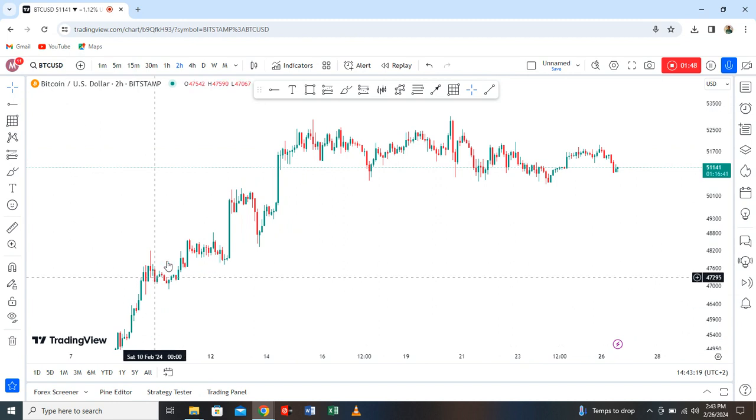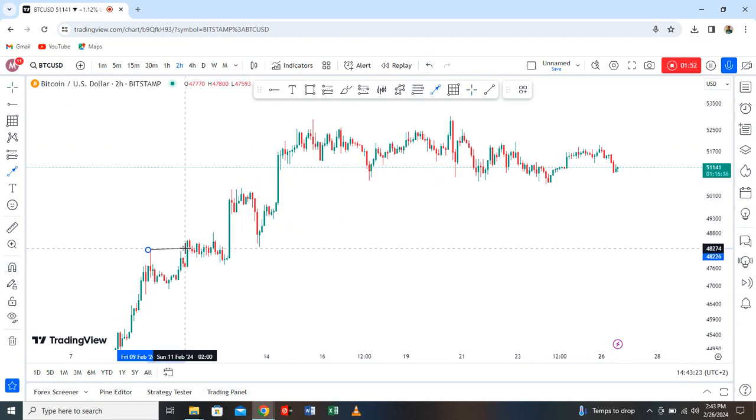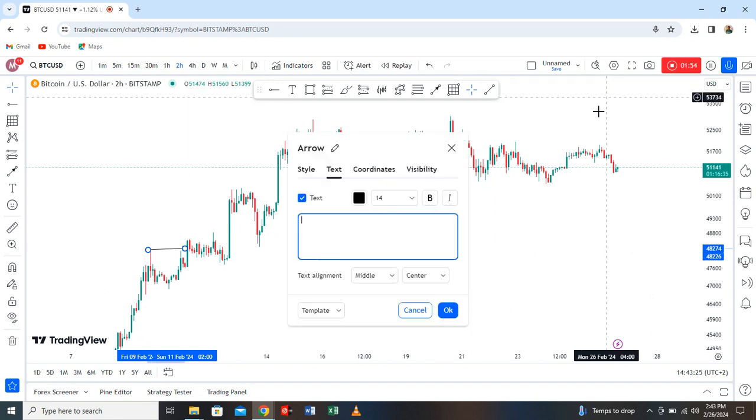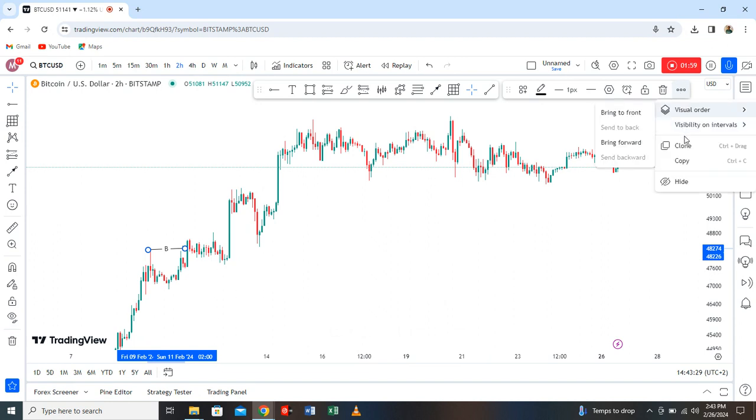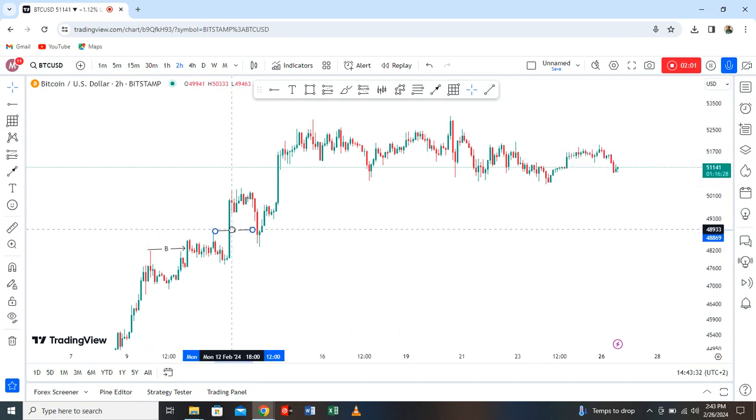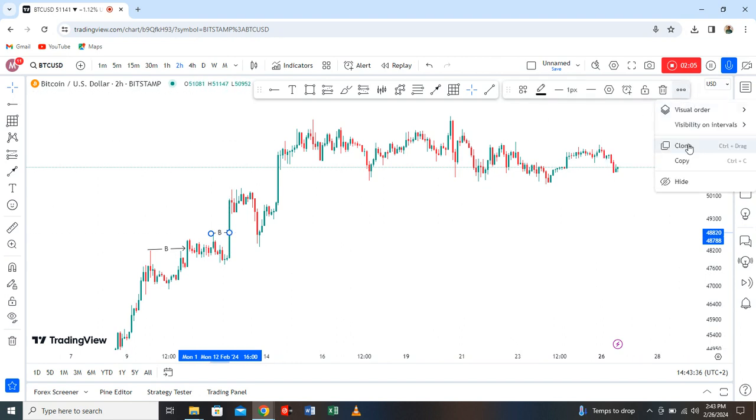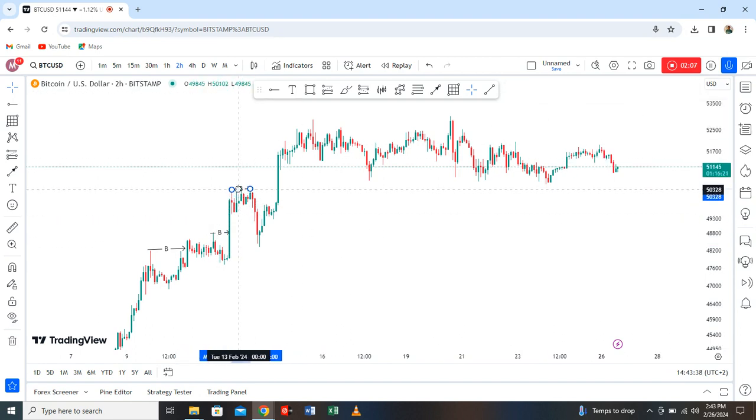So now we're at a break of structure here. Let me quickly mark it as break of structure and clone these things fast. I have this one here. I have another one here.